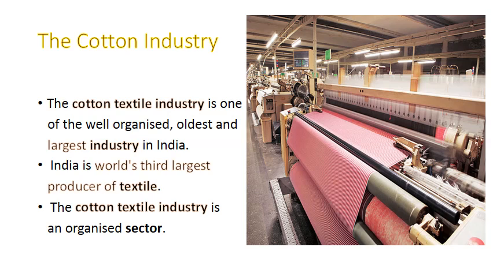The cotton industry is a part of the textile industry. The cotton industry is one of the well organized, oldest and largest industries in India. India is the world's third largest producer of textile.